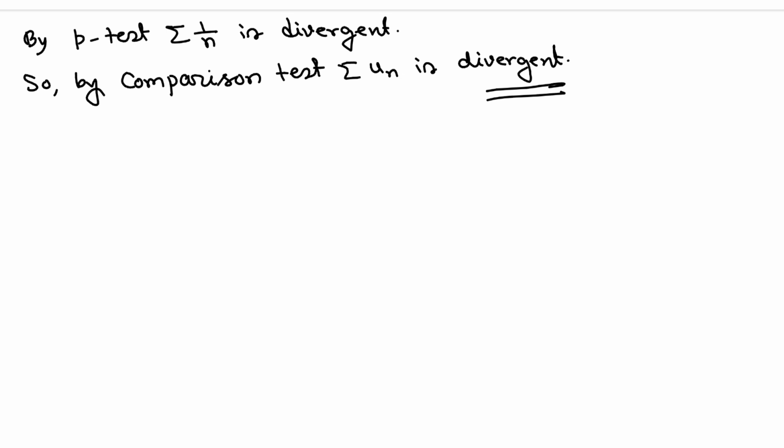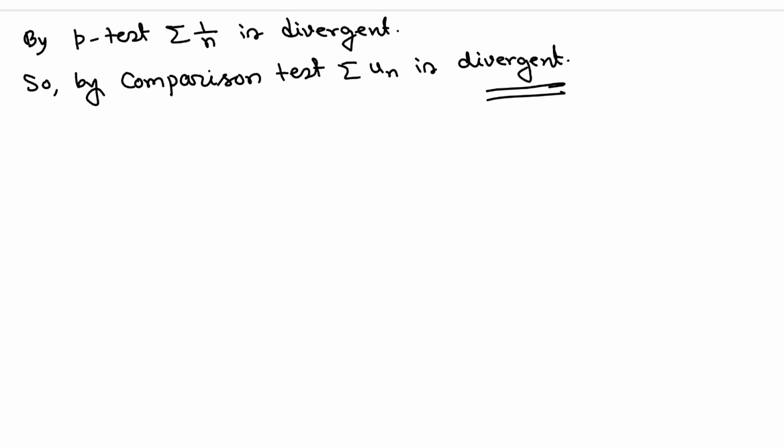Remember, when you can apply the comparison test: first, if un is in ratio form; second, if there is a degree difference between numerator and denominator. Second point, how to choose vn: if the degree of numerator is less than the degree of denominator, then you have to choose the n power on the denominator for the series vn.